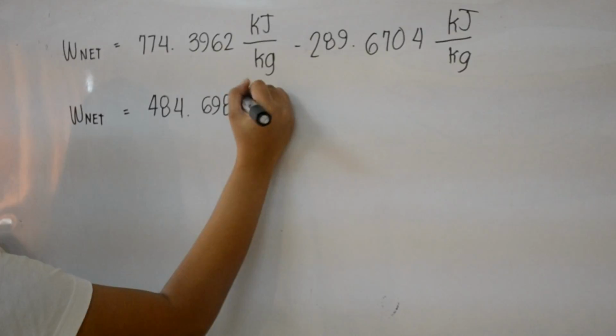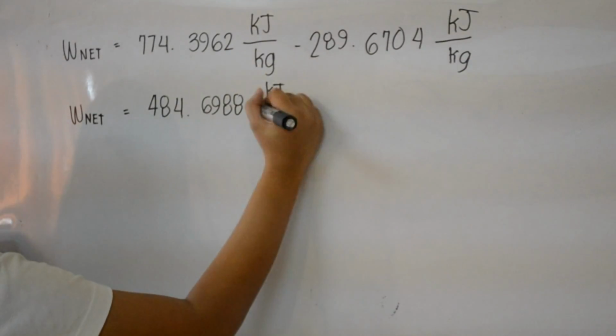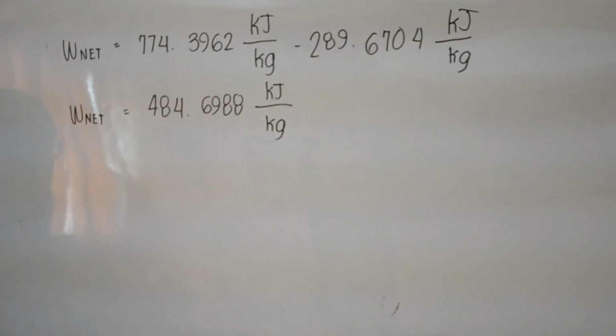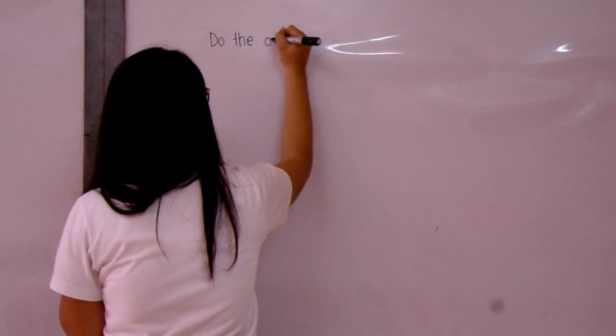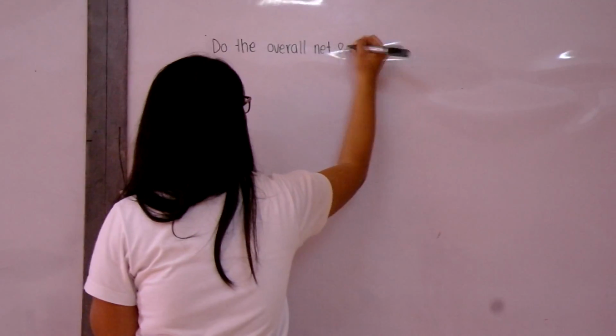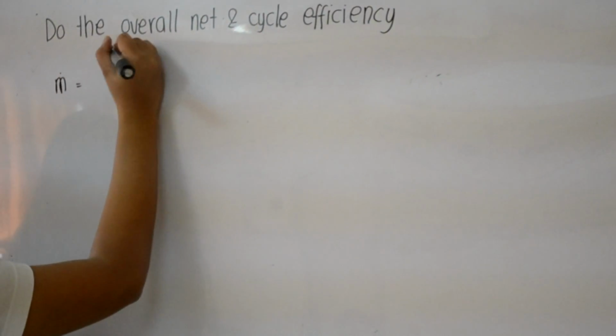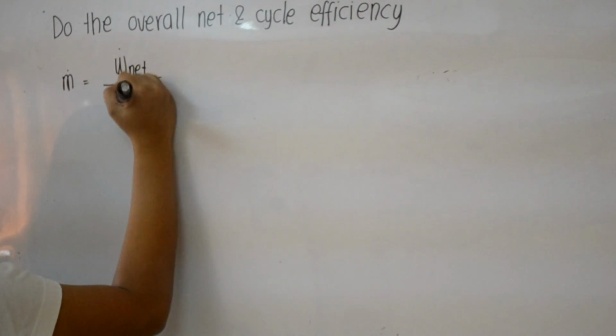Then the value of work will be 484.6988 kJ per kilogram.